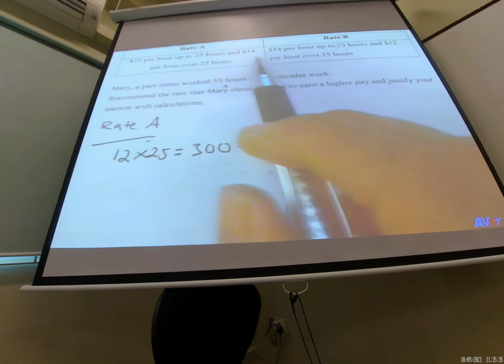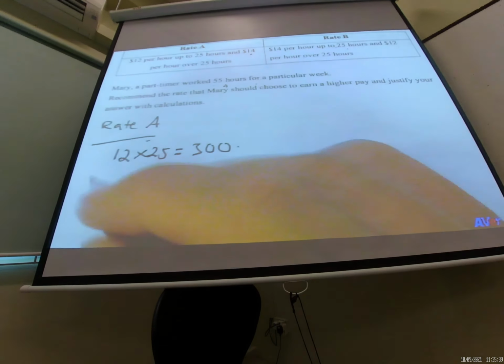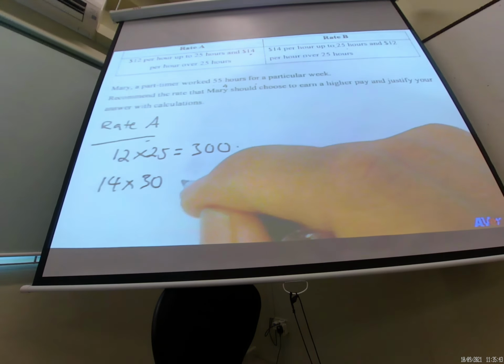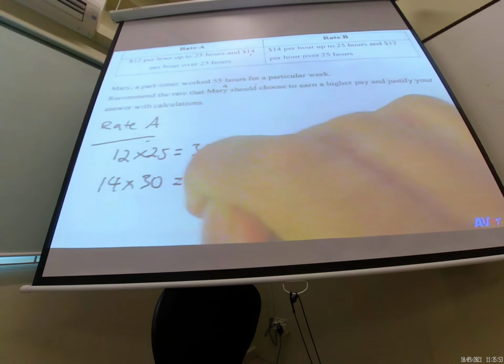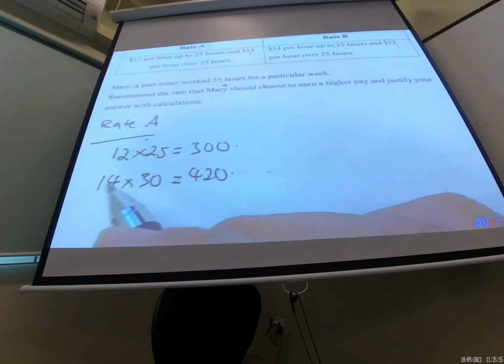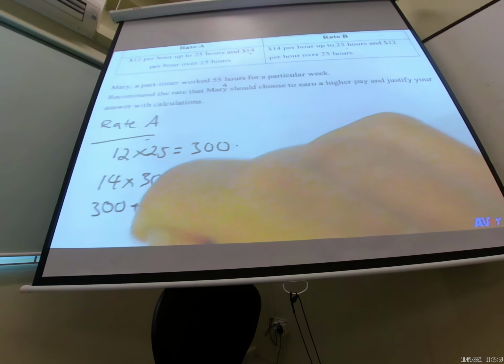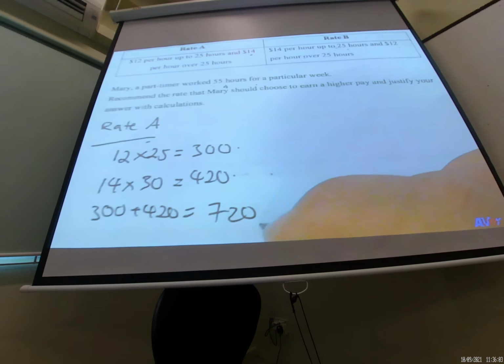And these 30 hours are charged at $14. So she worked 30 hours to get $14 each. So 14 times 30 is 420.